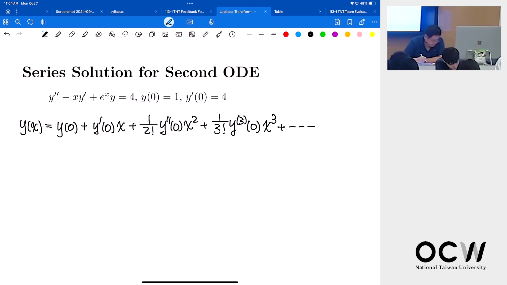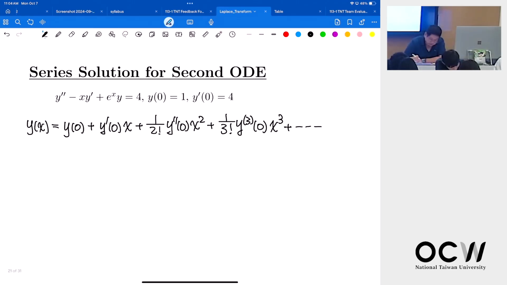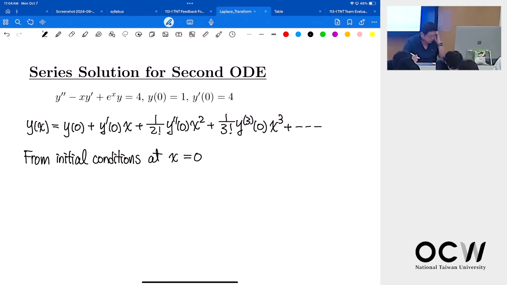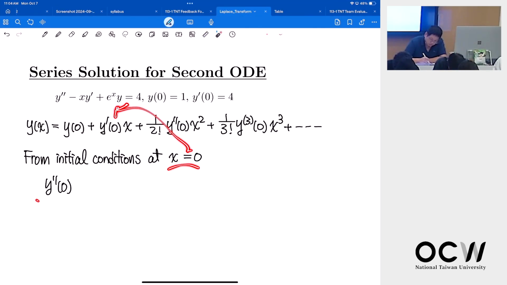From the initial condition at x equals 0, we have y double prime of 0, which means we bring this back to the differential equation. y double prime of 0 minus x is 0, so nothing. e to the 0 is 1, so plus y of 0 equals 4.